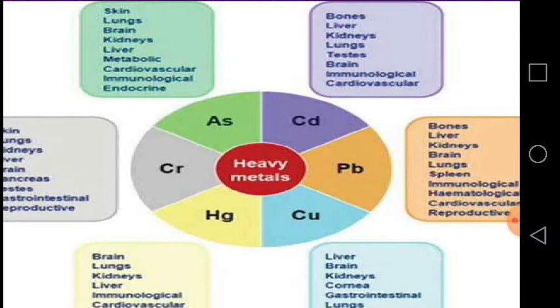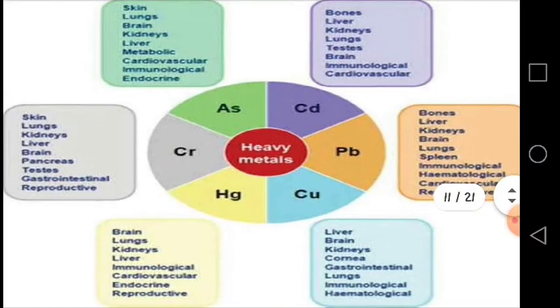Beside each of these heavy metals is a list of the organs of the human body which are affected by them. Specifically, cardiovascular problems, nervous problems, and skin problems are very common with these heavy metals. So you can understand how dangerous all these heavy metals are for life.